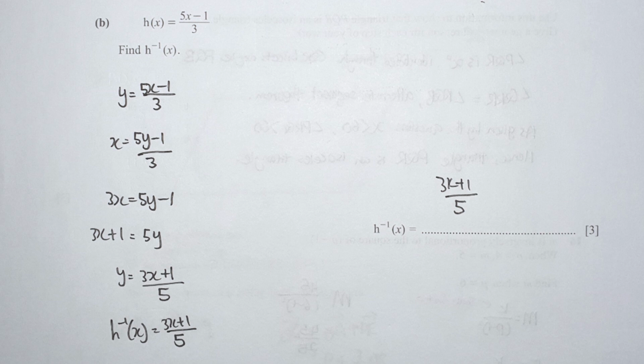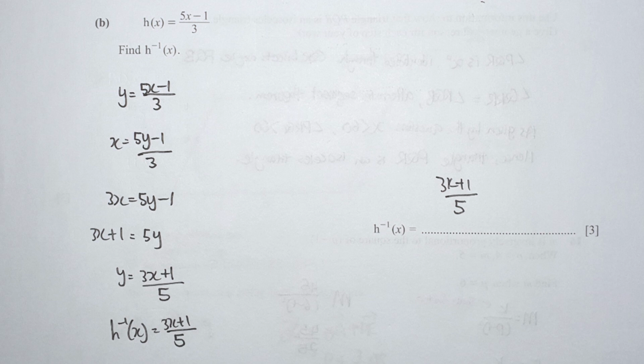Swap means changing the y into x, and whatever was x originally will be replaced with y. So I proceed with the cross multiplication where I bring up the 3 and multiply it with x. So 3x equals 5y minus 1. Rearrange them and identify your new y. Your new y here will actually be your h inverse.